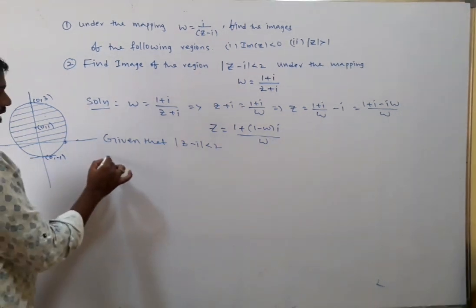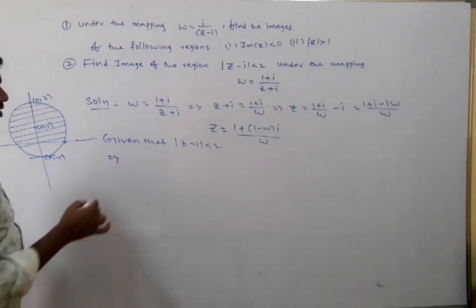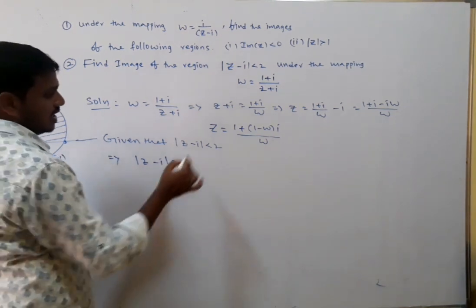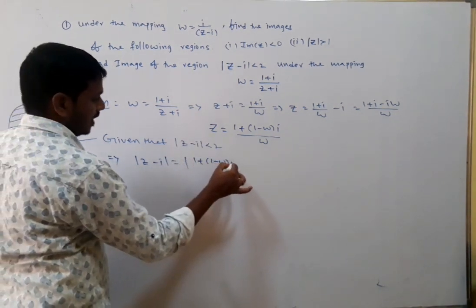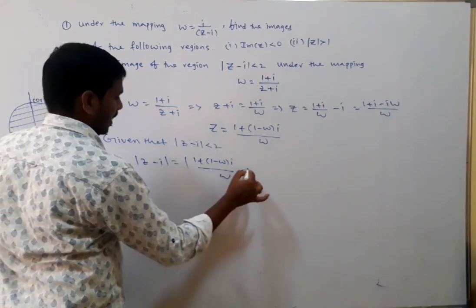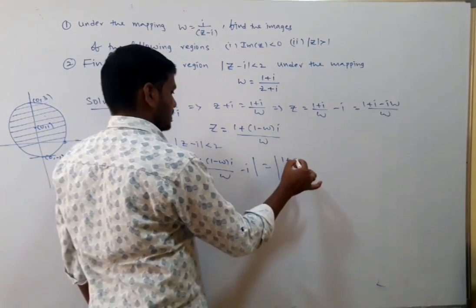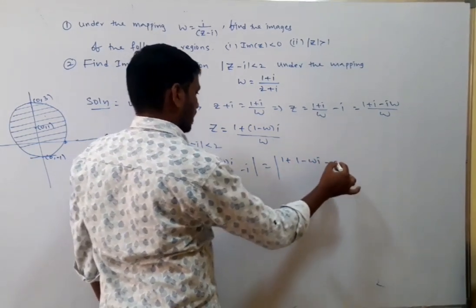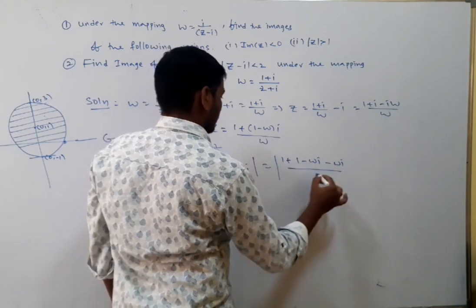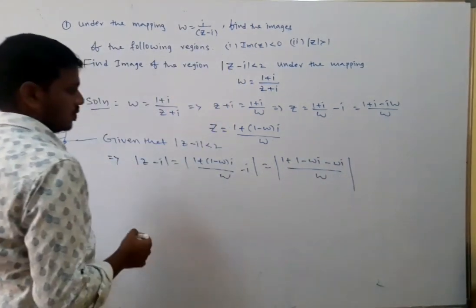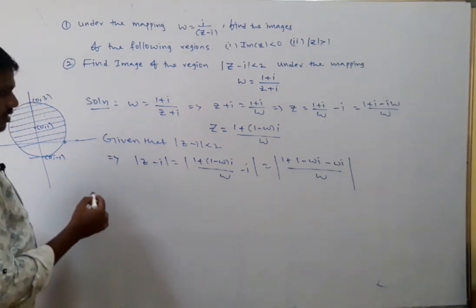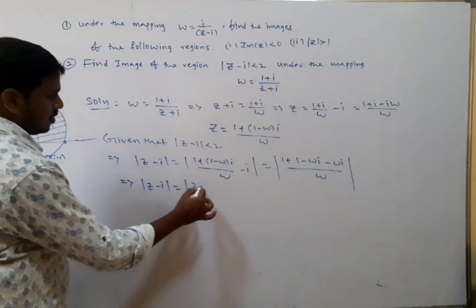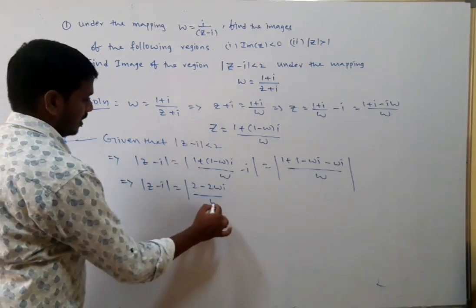So from this, what I am writing: modulus of z minus i is equal to modulus of (1 plus (1 minus w) i) divided by w minus i, which is equal to (1 plus i minus wi minus wi) divided by w. So it is 1 plus 1, it is 2. That implies |z minus i| is equal to |2 minus 2wi| divided by |w|.